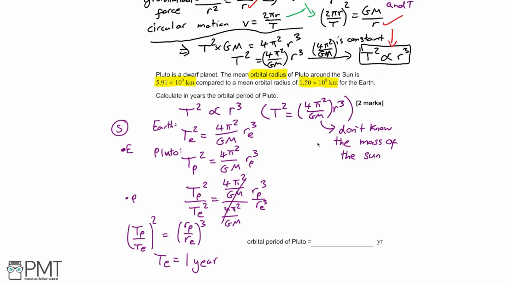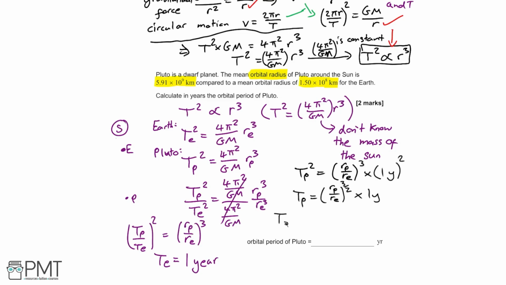Therefore, what we can say is that Tp all squared is equal to (Rp divided by Re) to the power of 3, multiplied by (1 year) all squared. So then we can square root this equation to find that (Rp divided by Re) to the 3 over 2 times 1 year is our answer.